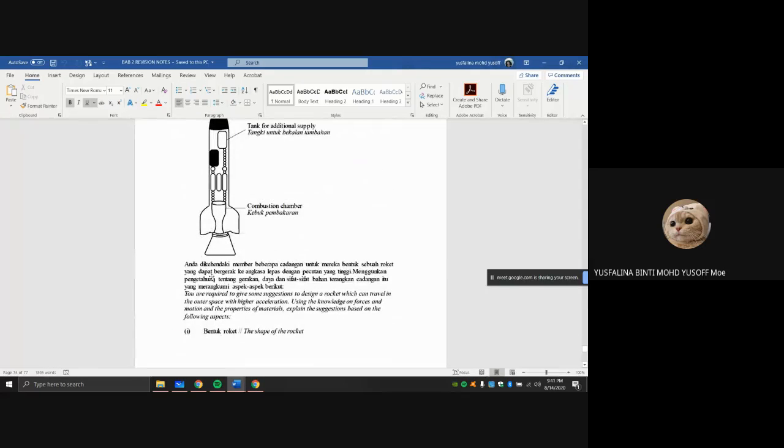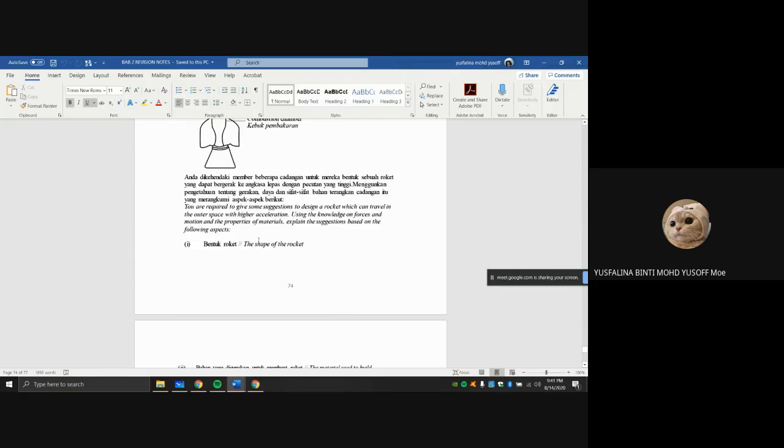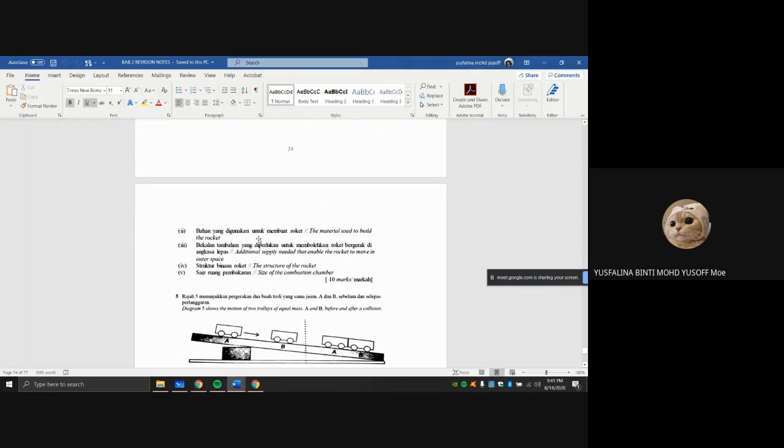Behind here they put the fuel tank. When it has finished using it, it will release it, drop it. When it drops it, the mass will be reduced. Then it can move with higher acceleration. So they have several stages that can be stripped off. This one is to reduce mass.